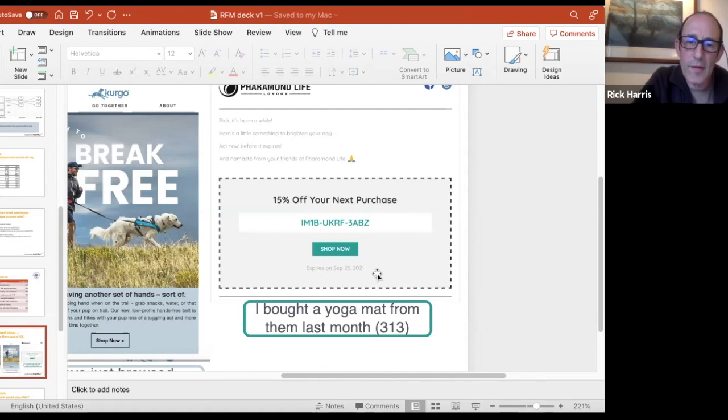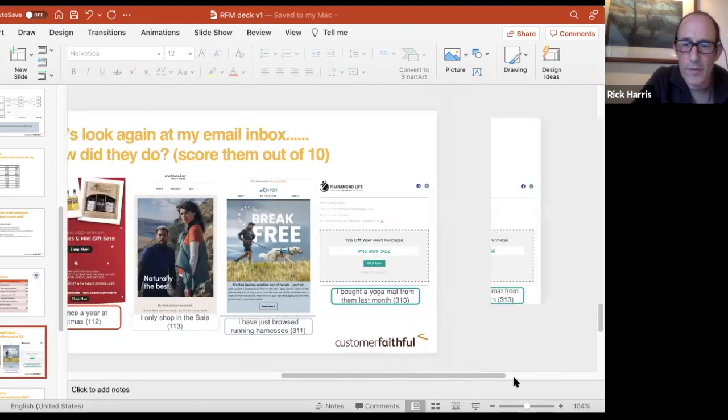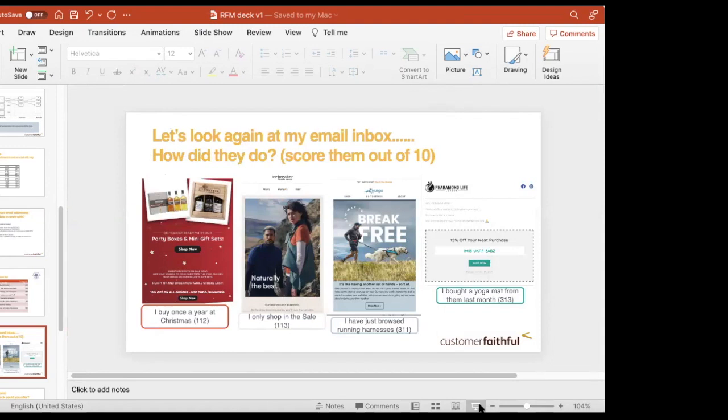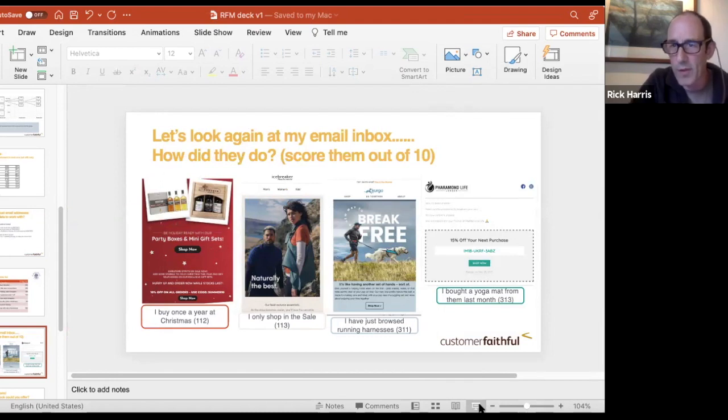So let me zoom back so you can see those all again. Quite different emails that I got. And if they had done their homework, they all have enough data on me to have done RFM. Whether they bothered to do that, who knows? But what I'm saying is that you can see that I was in different segments, depending on which retailer we're talking about.